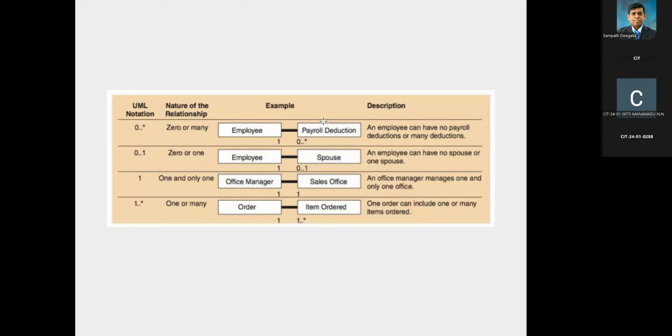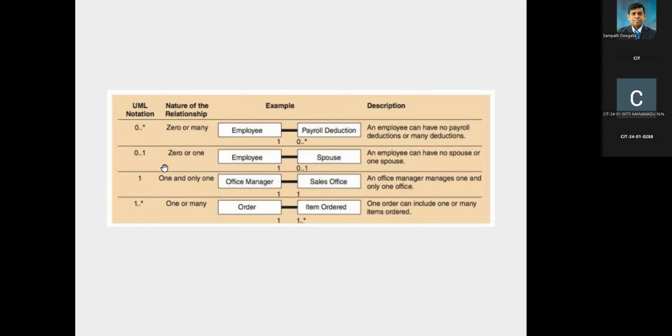Let's say you take a salary, and then sometimes we deduct some amount from your salary. So when you say deductions, a particular employee may have no deductions or many deductions. But a particular deduction will attach to only one particular employee, right?